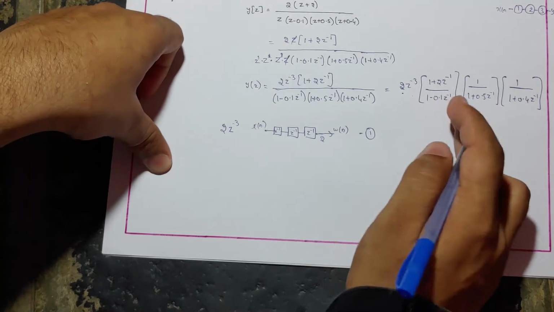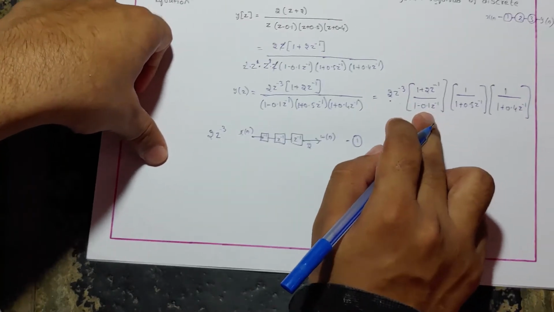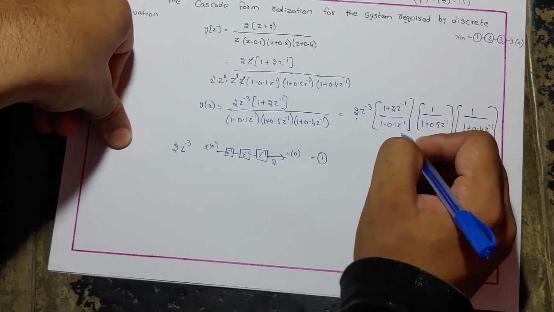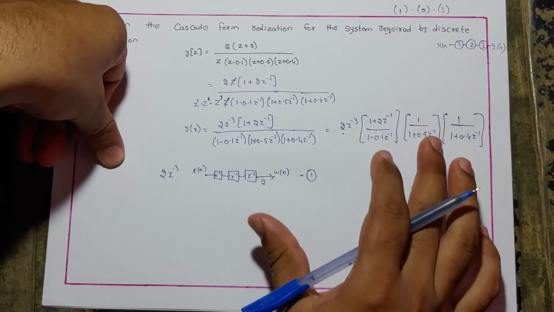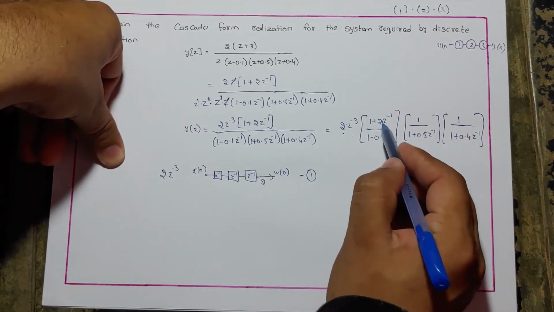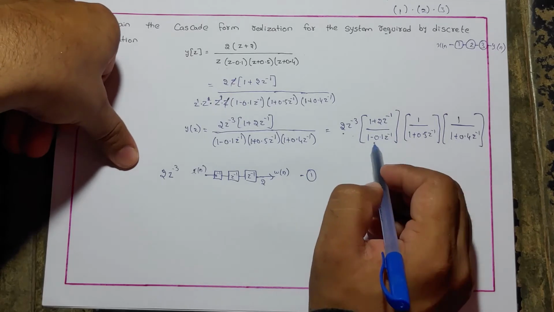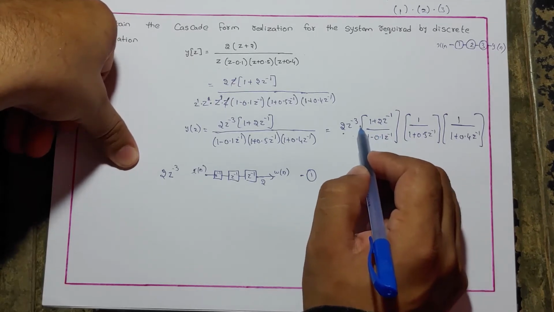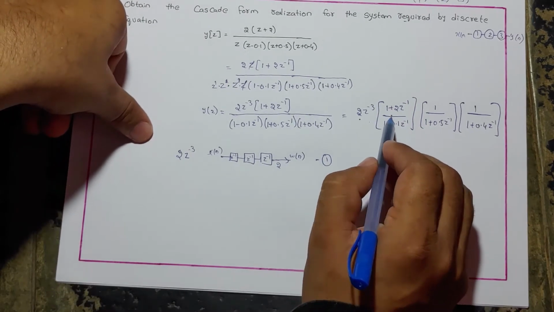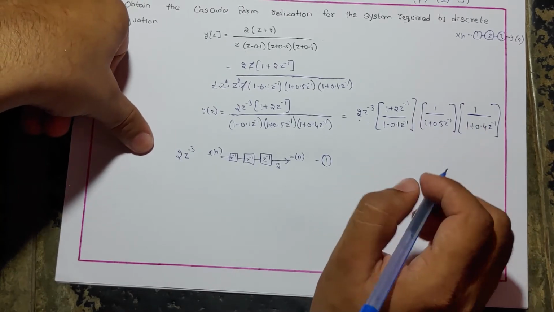Now let us go for equation 2. Here we have a numerator and denominator. We will continue in the form of direct form 2, that is, the denominator will be H2 of z and the numerator will be H1.